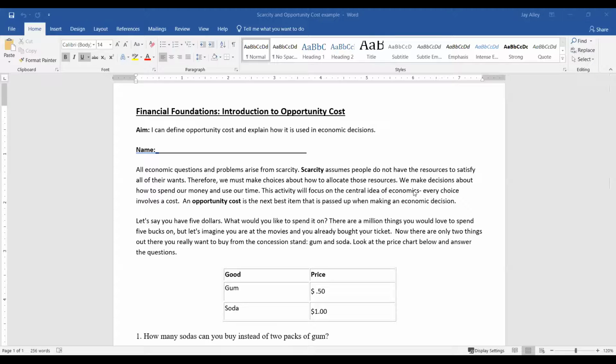If you look at this first sentence here, all economic questions and problems arise from scarcity. That seems like a pretty extreme statement. Would you agree with that, or disagree, or question it?